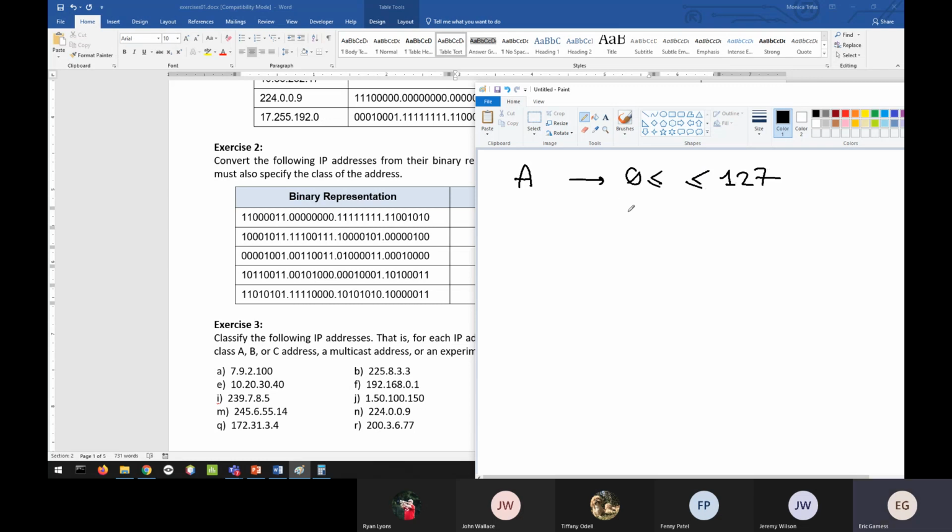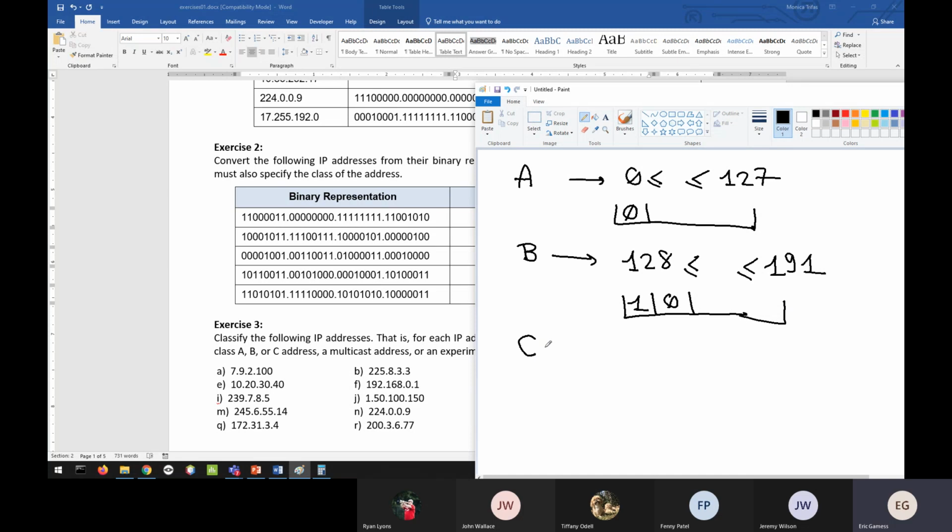And at the level of the bit, the first bit will be a 0. So it starts by 0. This is what we know. So look, what about the class B? The first byte will be between 128 and 191. And the first two bits will be 10.